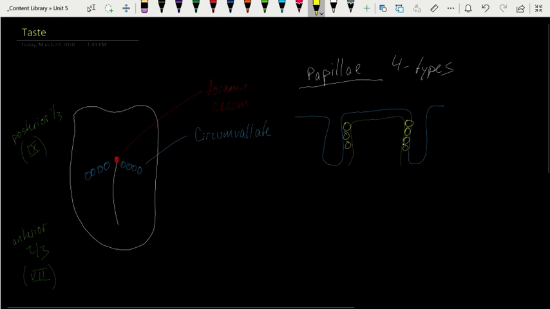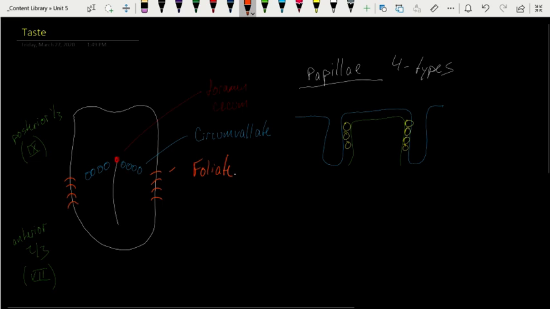The second type of papilla that we would like to talk about is found on the sides of the tongue, containing taste buds, and this is called a foliate papilla.